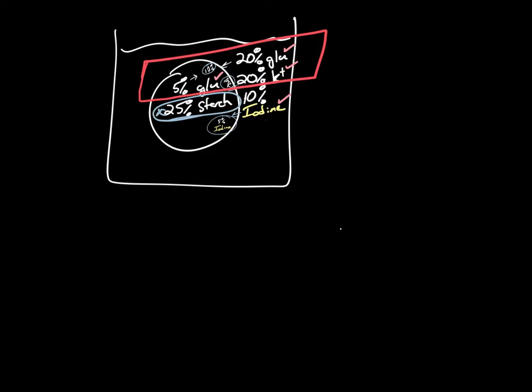So they cancel each other out, don't they? Yes. So we can think of these as canceling each other out. And the same with the iodine, because the iodine also equilibrates. So the ones that can pass through, for calculation's sake, we could actually ignore them, can't we?